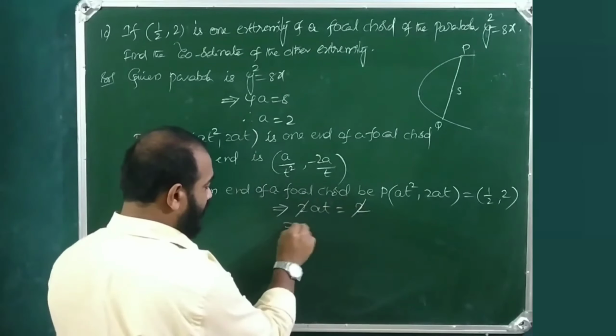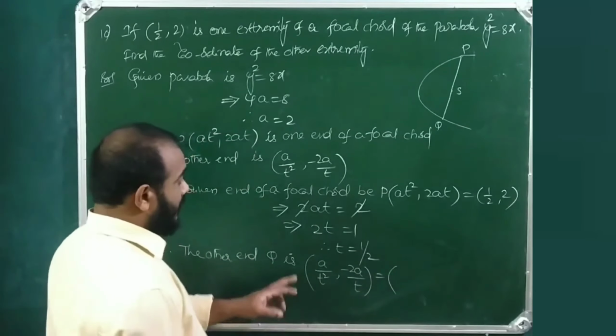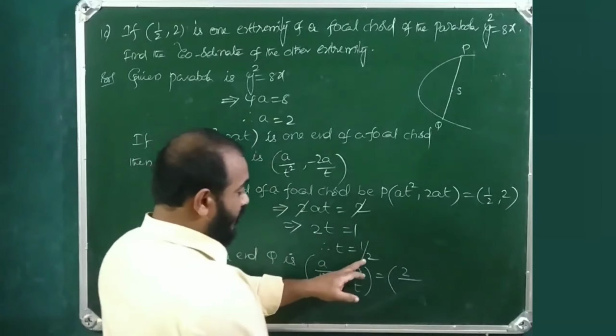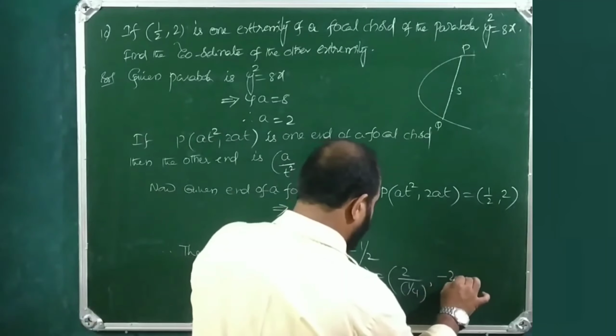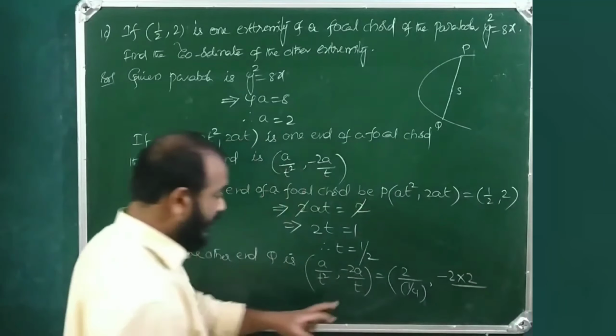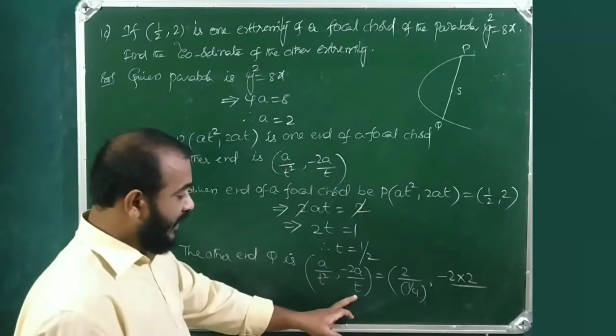Now, therefore, the other end Q is how much? a by t square comma minus 2a by t. This is equals to a is 2 by t square, which is 1 by 2 whole square, 1 by 4, comma minus 2 into a value 2 by t value 1 by 2.